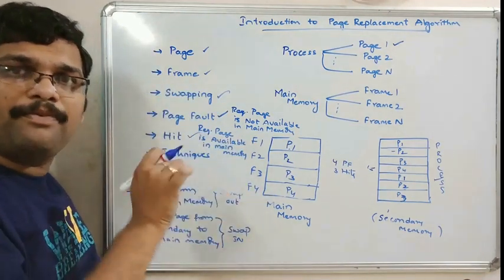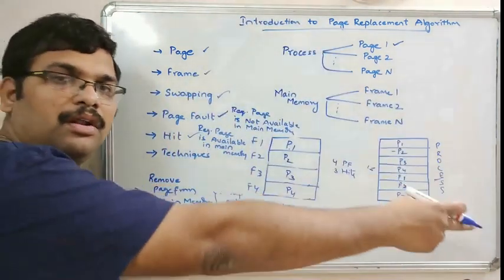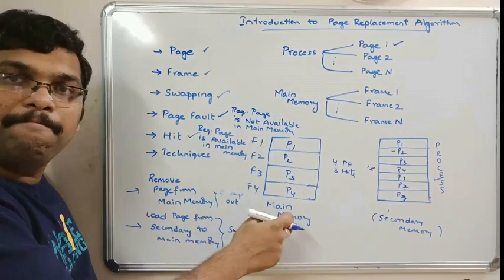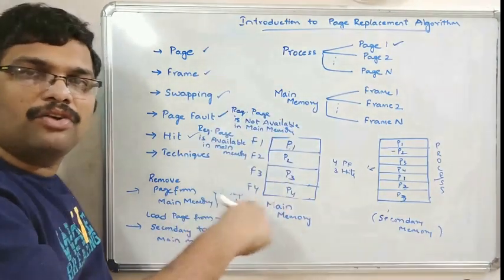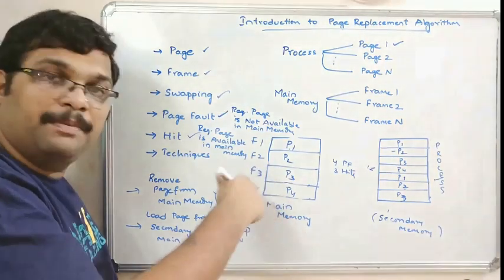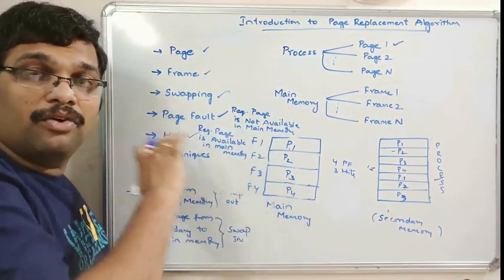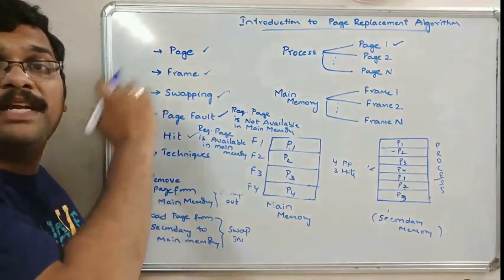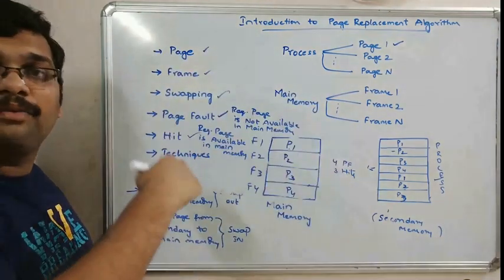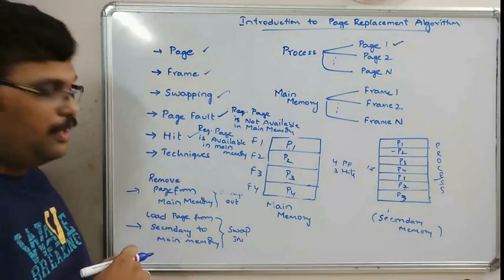The next step after a page fault is that we have to load the page into the memory. For that we again have to check for free slots of memory, that means the free frames. If there are no free frames, what do we have to do? We have to swap. That means we have to replace one page with the required page.